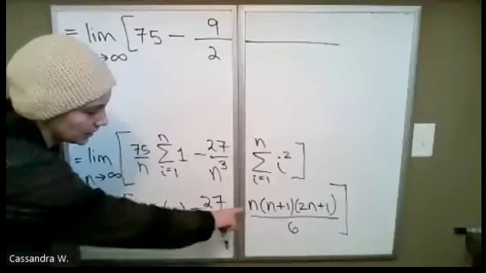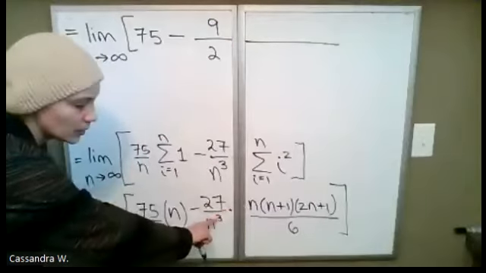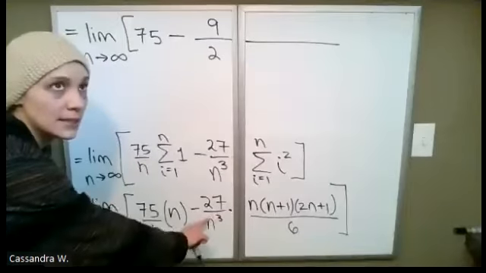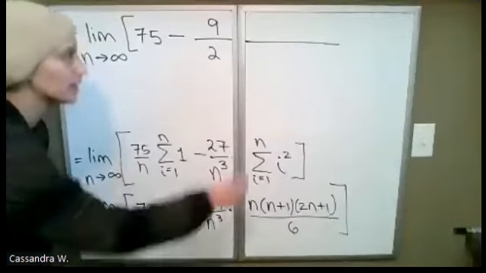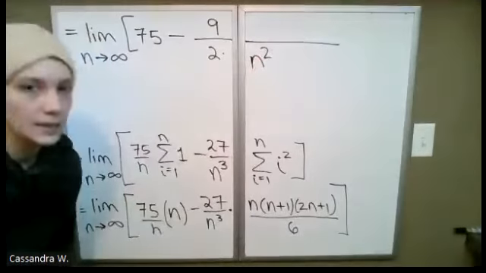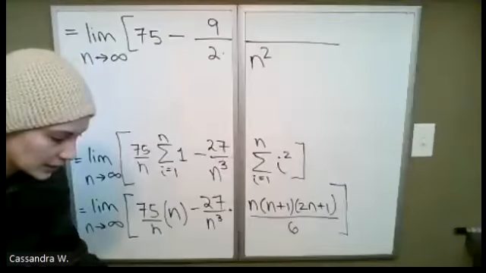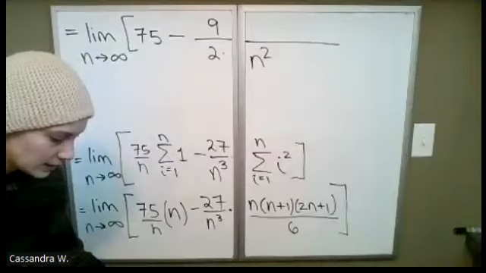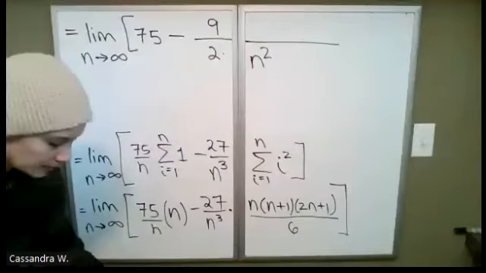We're going to have that n right there reduced with one of these n's in the denominator, which would leave n squared in the denominator. And then we're going to work out n plus 1 times 2n plus 1. So we'll FOIL that.